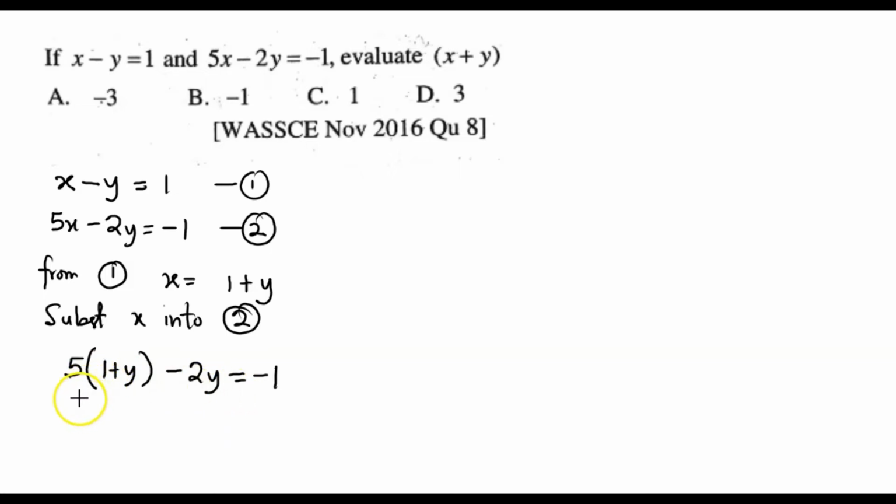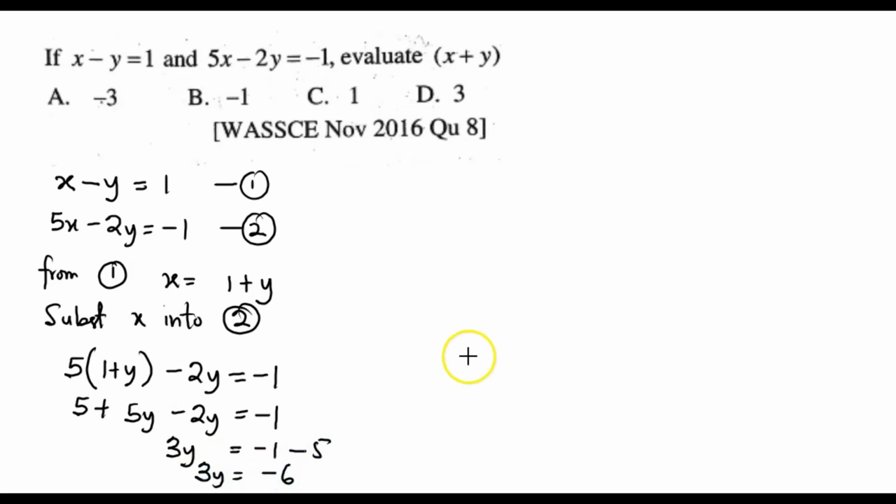Expanding and simplifying, we have 5 plus 5y minus 2y equal to -1. Grouping terms, we obtain 3y on the left hand side equal to -1 minus 5. So 3y will be equal to -6.